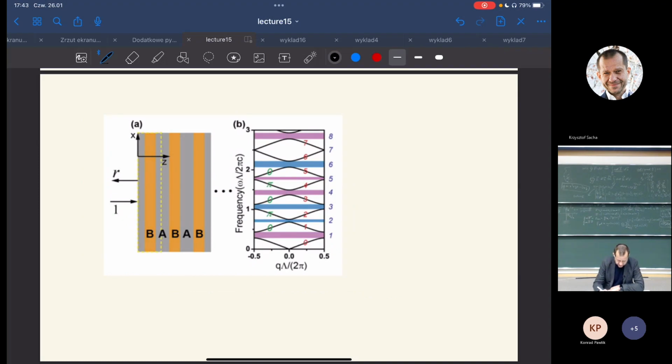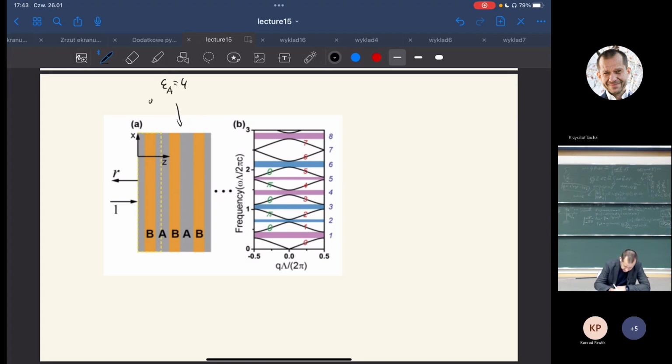So assume that we have a dielectric medium where you have different layers with different dielectric constant. And in this example, actually we have layer A, where we have dielectric constant equal 4.